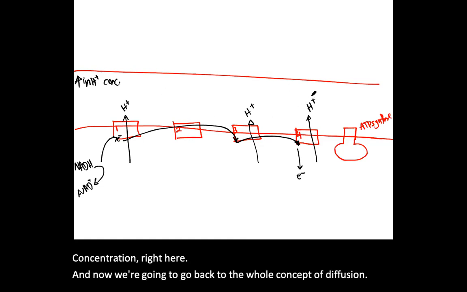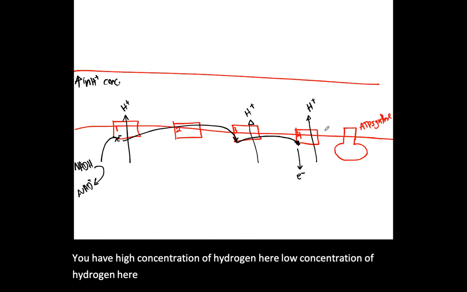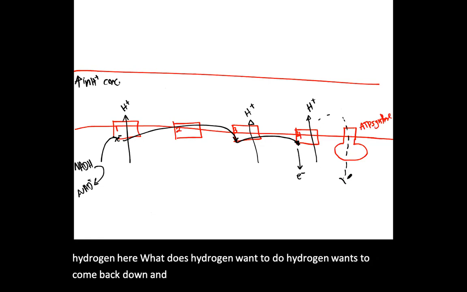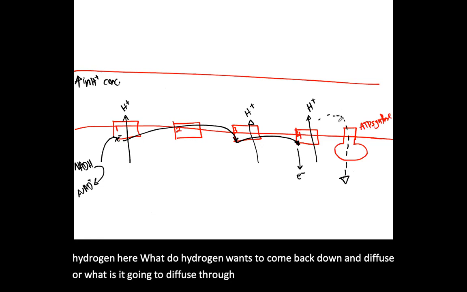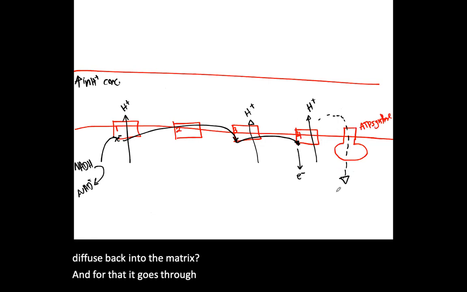You have high concentration of hydrogen here, low concentration of hydrogen here. What does hydrogen want to do? Hydrogen wants to come back down and diffuse. But what is it going to diffuse through? What path can it take to diffuse back into the matrix? And for that, it goes through the ATP synthase.